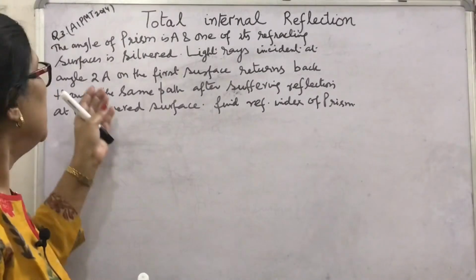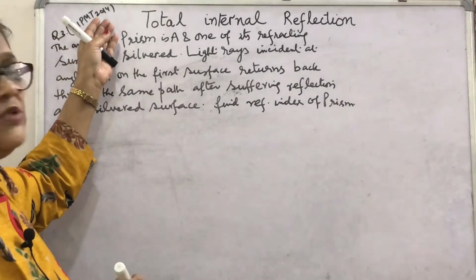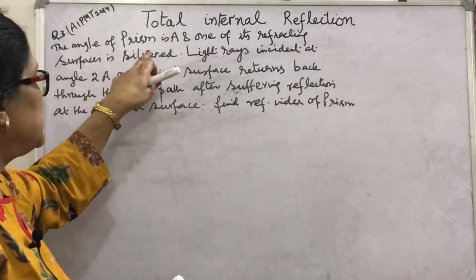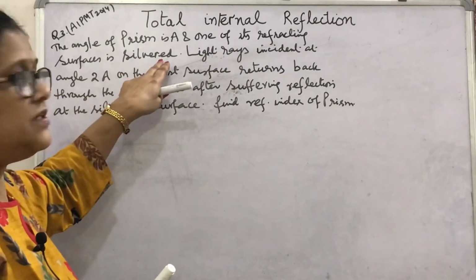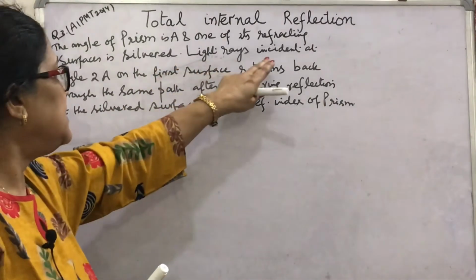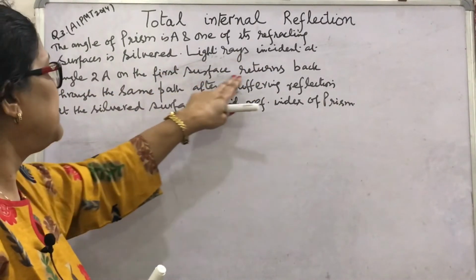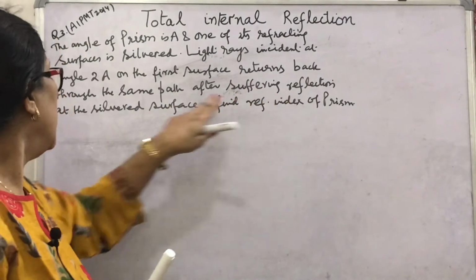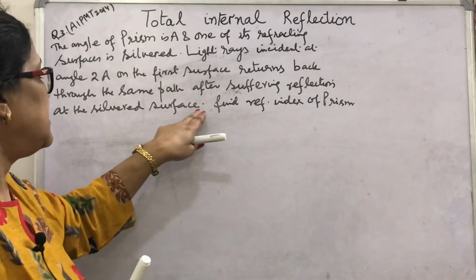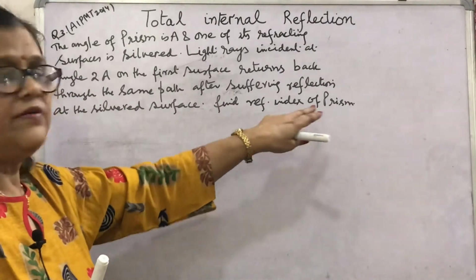Next question, it is asked in AIPMT 2014. The angle of prism is A and one of its refracting surfaces is silvered. Light rays incident at angle 2A on the first surface returns back through the same path after suffering reflection at the silvered surface. Find the refractive index of the prism.